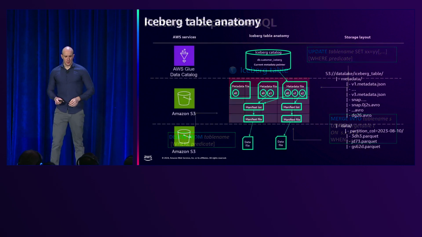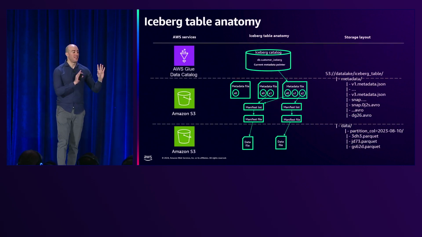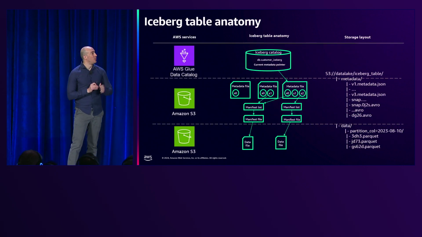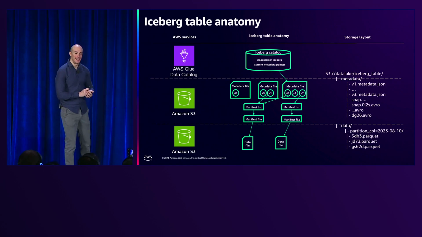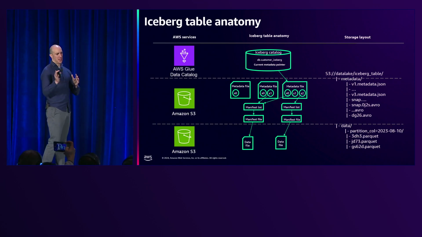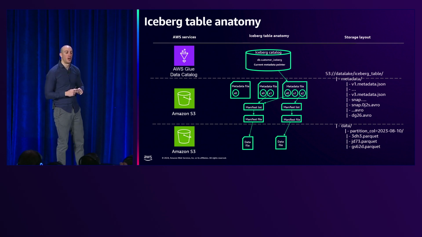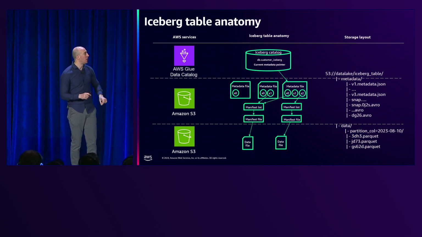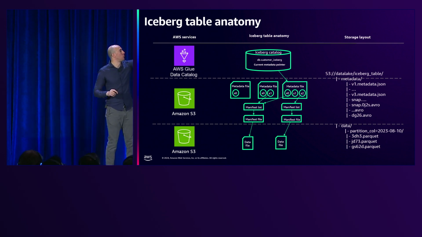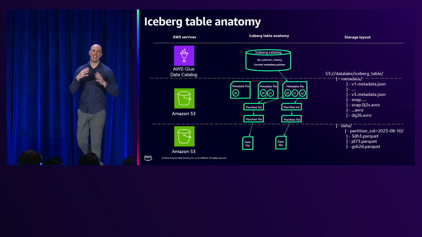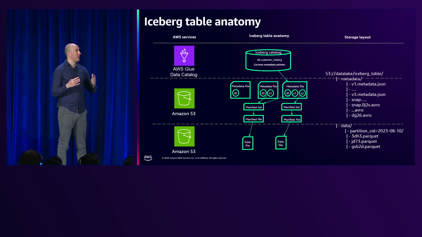I promise this is the only really technical slide in the deck. If you remember some previous slides where the open table format was a block, that block is summarized within these two dotted lines. There are three layers in Iceberg.